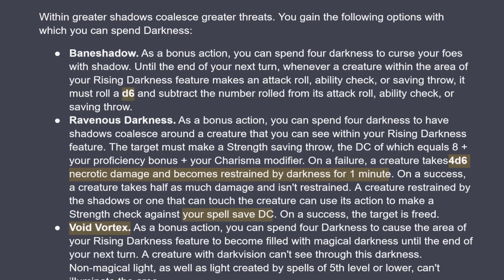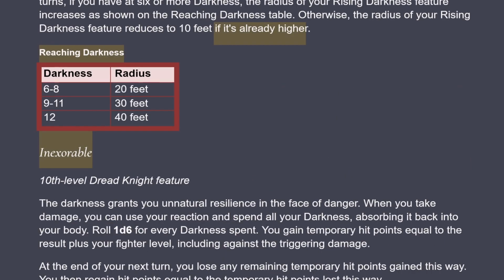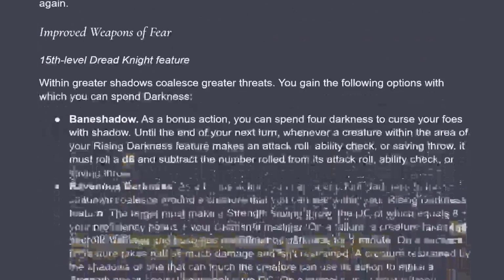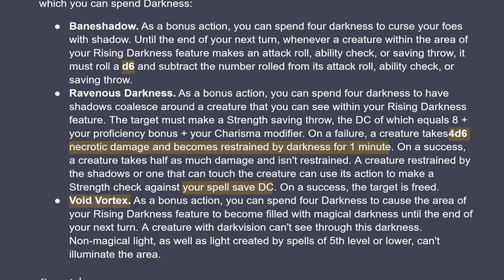So spending 4 darkness points to go from 40 feet down to 20 feet doesn't make a lot of sense unless it's round 2 and you do that at the beginning of your turn and then make 4 more attacks and maybe get all the way back up if you're lucky, maybe only get to 30 feet. Maintaining 40 feet is probably going to be a challenge, at least the push and pull of it. So 4 darkness points actually feels good at this point, at this level.